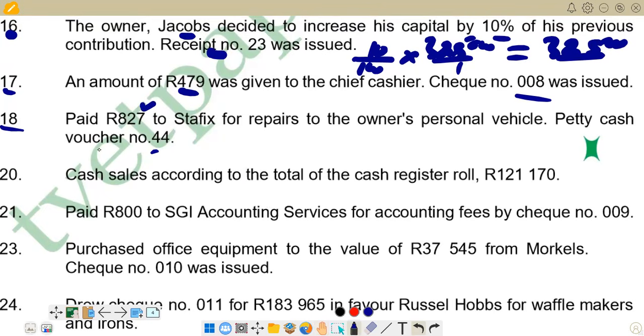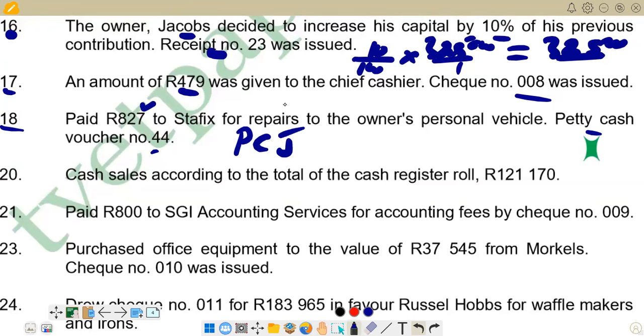We know that the day is 18, document number 44. And this is a payment, paid to staff for repairs for the owner's personal vehicle, so it's going to the petty cash journal.